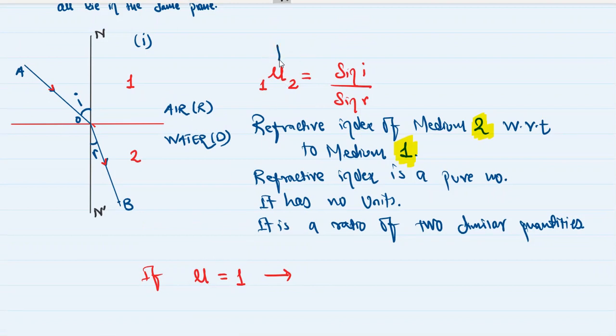The symbol I am making over here is the symbol of refractive index, which is the Greek letter mu, M-U, not meow. Okay, so that's the symbol of refractive index.